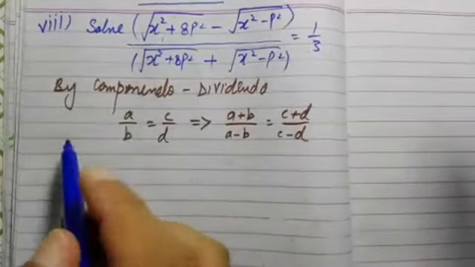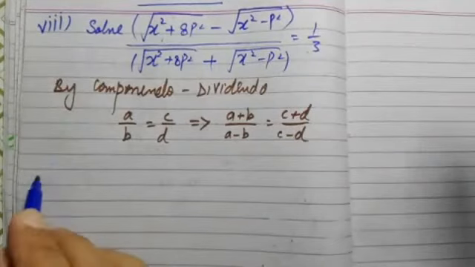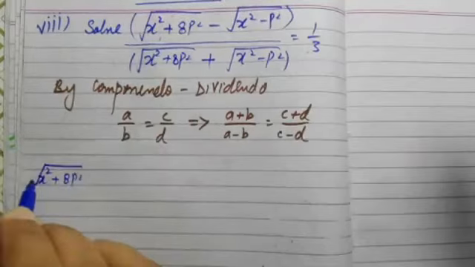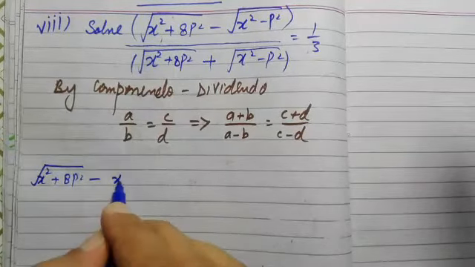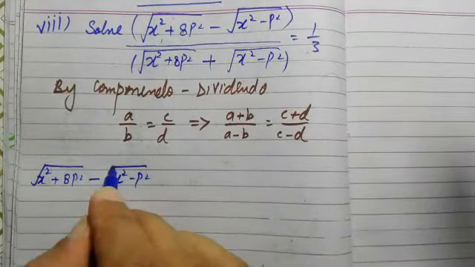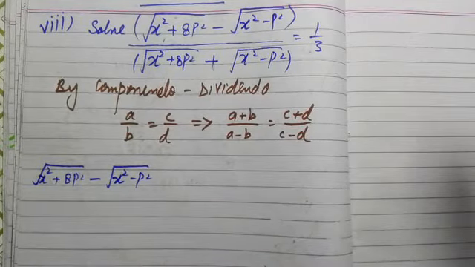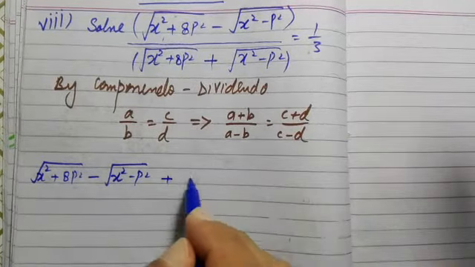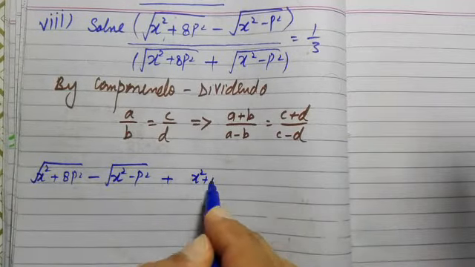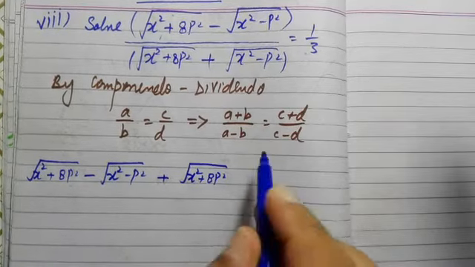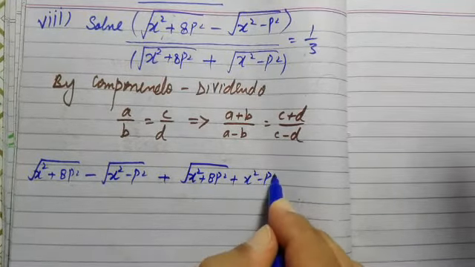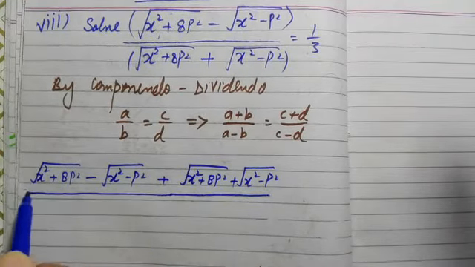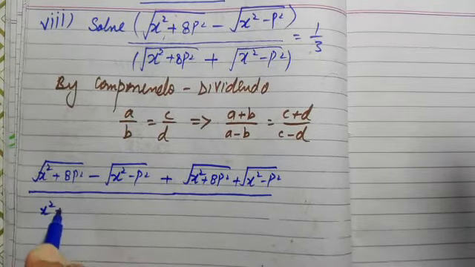First of all, you will start writing the first term, which is in numerator, like this one. All the terms which are written in the numerator, and I will add them together by writing x square plus 8p square and plus x square minus p square whole divided by x square plus 8p square.